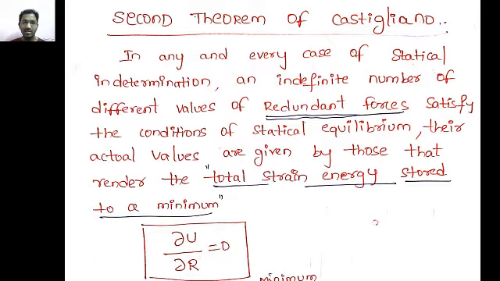So the partial derivative of strain energy with respect to the redundant force must be equal to 0, which means it is a minimum. That is what the second theorem explains. Again, the partial derivative of strain energy with respect to the redundant force should be a minimum. After applying this equation, we can get the redundant force.